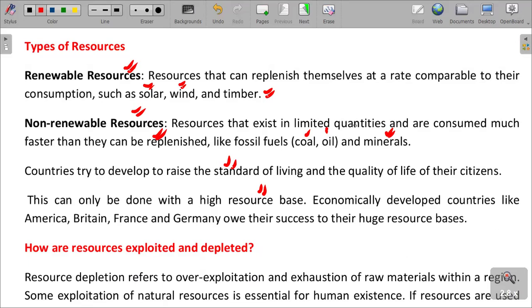In that respect, we are also supposed to understand economically developed countries such as America, Britain, France, Germany, all with their success due to their huge resource base. We mentioned above that resources are also affected by what? By technological change, and many other factors that we talked about.